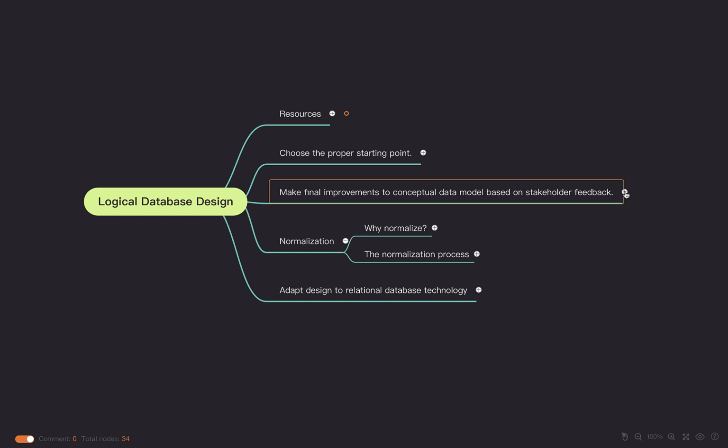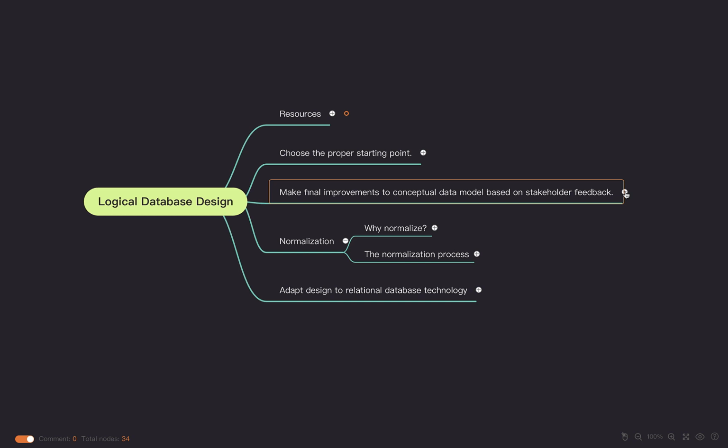Where would you get the information for that? Well, you have your latest version of the conceptual data model. Hopefully, you've reviewed it with the stakeholders who you've been working with as you created the data model. So, you're going to have some ideas from them about how maybe you came up a little bit short.